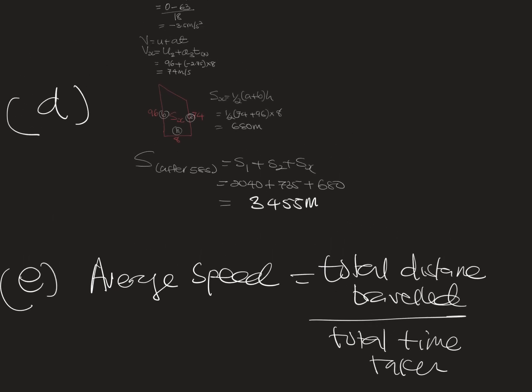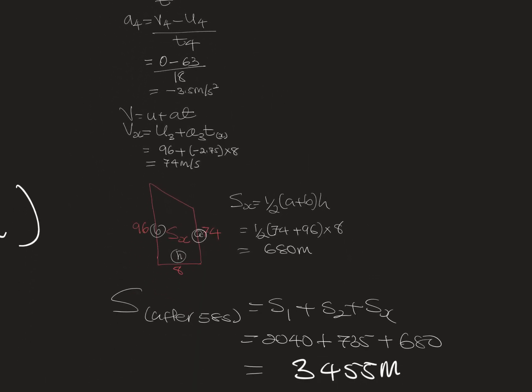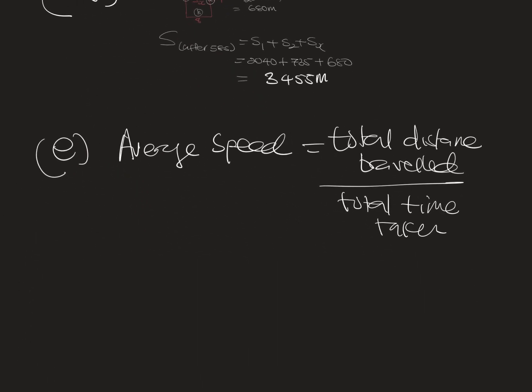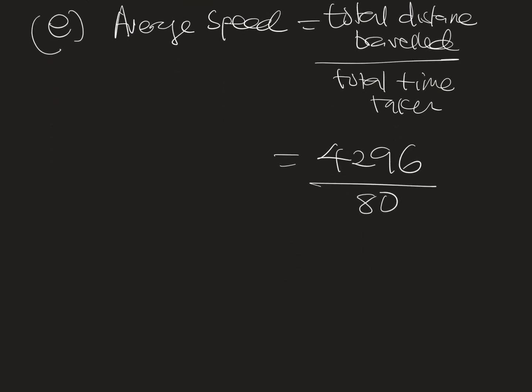The total distance traveled in the journey was 4296 meters, and the total time is 80 seconds. 4296 divided by 80 gives 53.7 meters per second. That was the average speed.